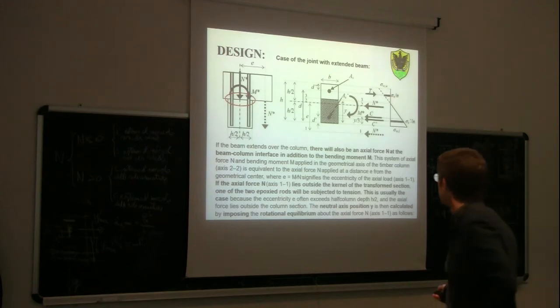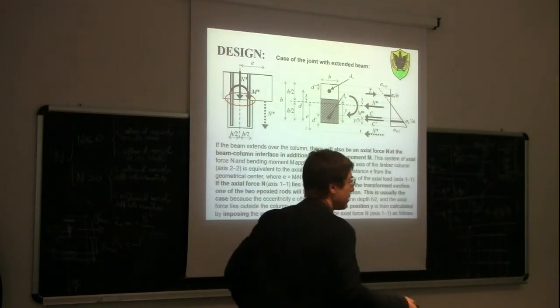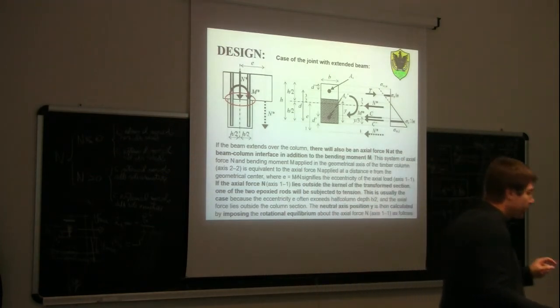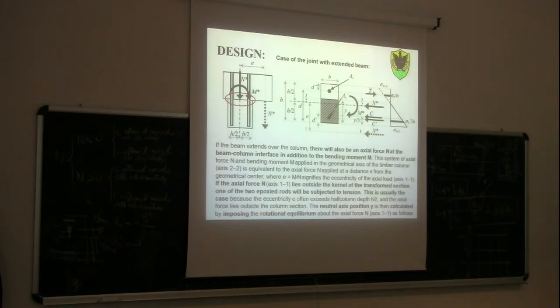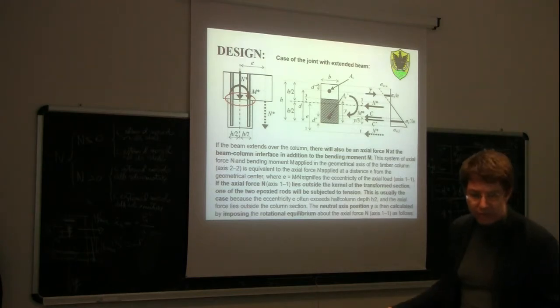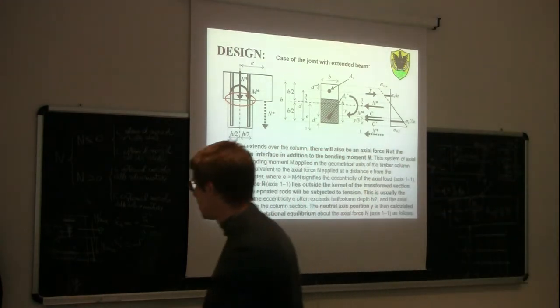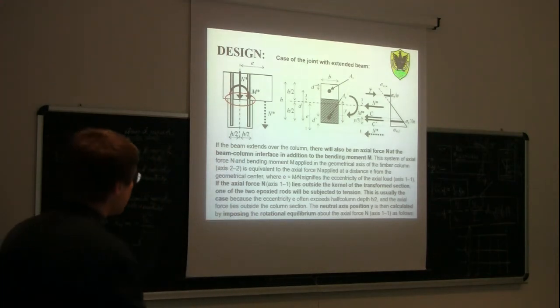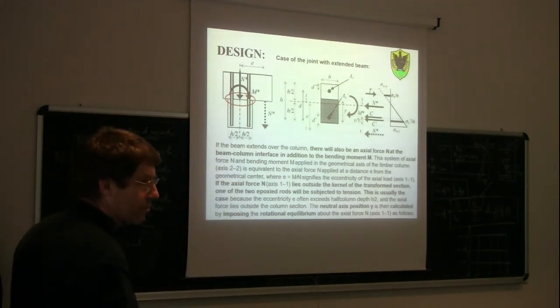If the eccentricity is within what we call the kernel, which in Italian is the nocciolo centrale di inerzia, so if this e is less than 1/6 of h, then of course the neutral axis is outside of the cross-section, so all the cross-section will be compressed.